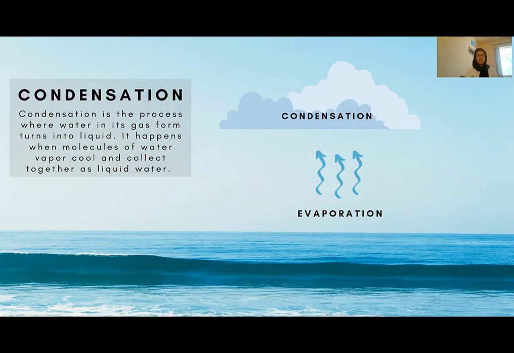Condensation is a process where the water is turned from gas form into liquid form, and it happens when molecules of water vapor cool and collect together as liquid water, and that is called cloud formation.